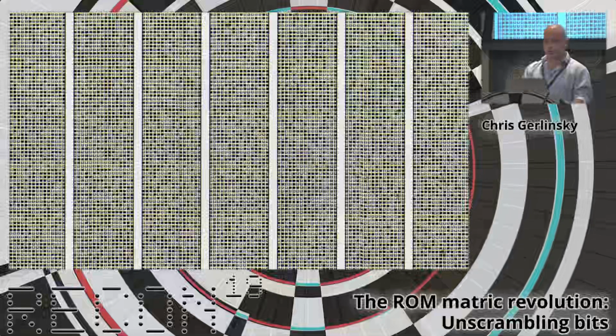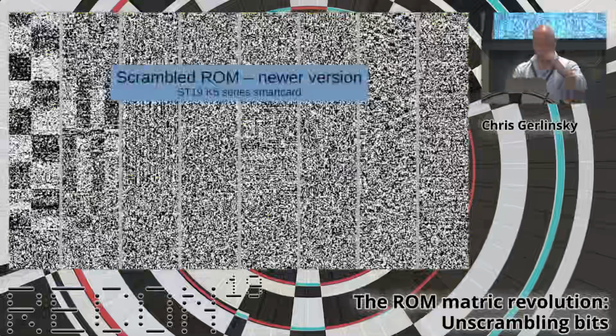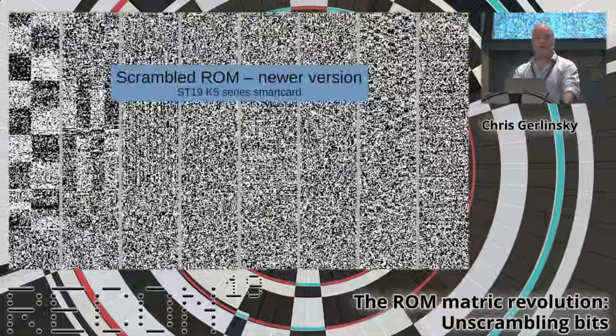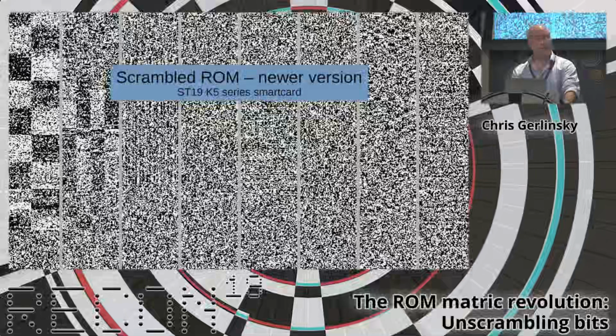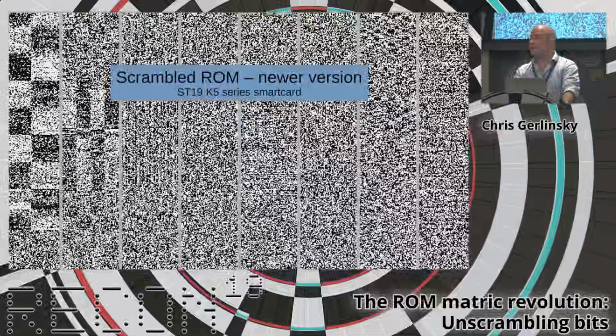So after extracting the bits, we get patterns that start to look like this. These are the extracted bits from one of the ST19 K5 series smart cards, and we can see, especially on the left-hand columns, some large blocks. And we can guess already that what they're doing is they're inverting bits in a pattern here.